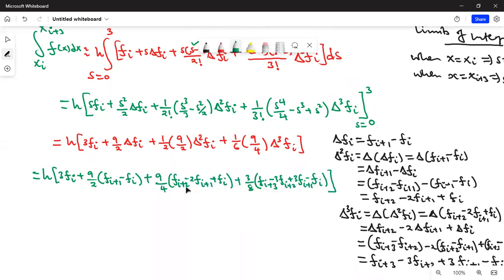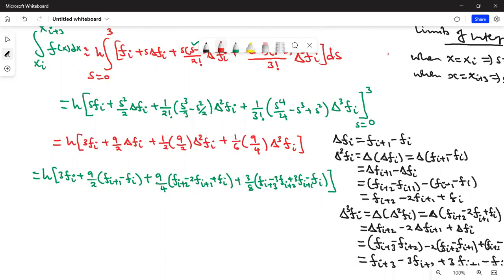So this is what we get. Now I want us to simplify. As you can see, we have so many like terms inside the bracket. What I'm going to do is to factor out the 3 over 8 so that we see what we remain with. So what I'm going to do now is to factor out 3 over 8. Let's see what we are going to get.